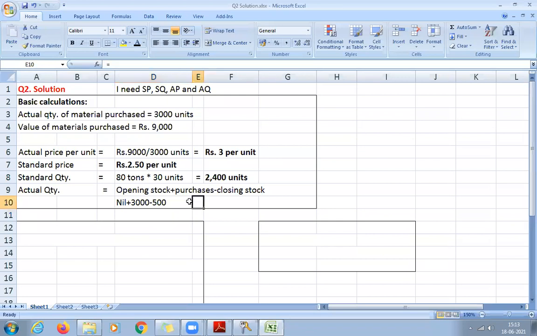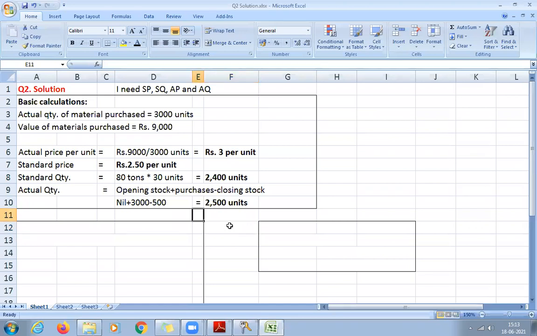So how much will we get? 2,500. Got it? Now I have the standard quantity and the actual quantity also.